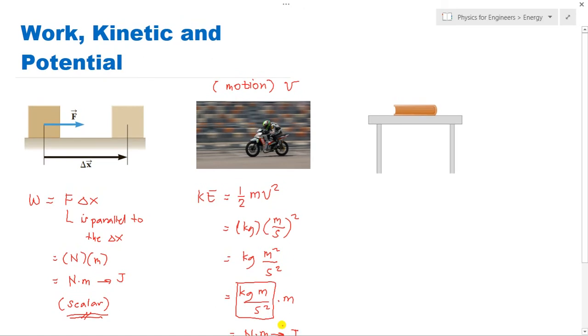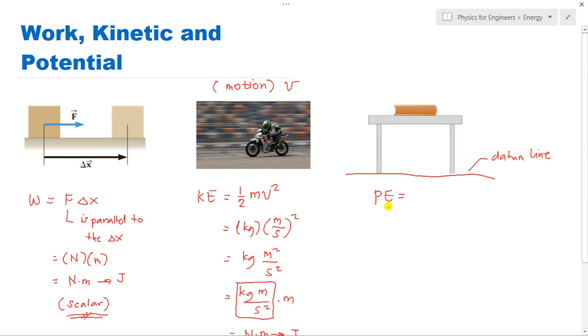The last one is the third type, known as potential energy, abbreviated as PE. For potential energy, we must have a reference point or a datum line. Suppose in this figure the datum line is the floor or the ground. This serves as our reference frame.